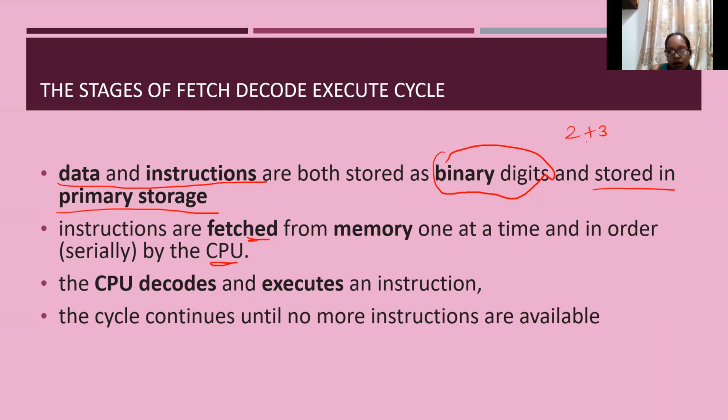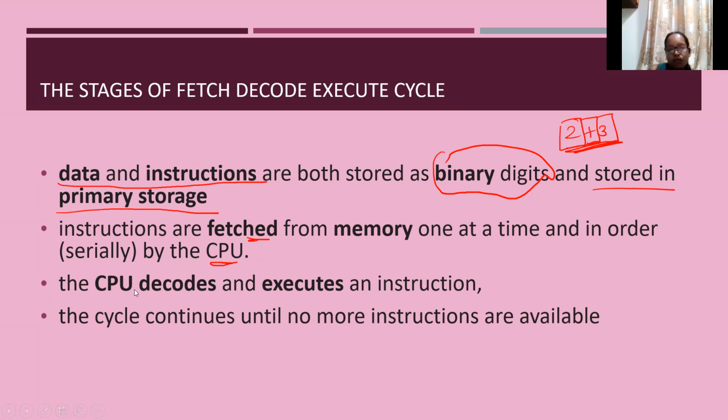For this calculation, what data should it fetch first? It has to take this 2 first, then the plus operator, then lastly this 3. Likewise, there's an order. So it fetches data from RAM one after another according to an order.